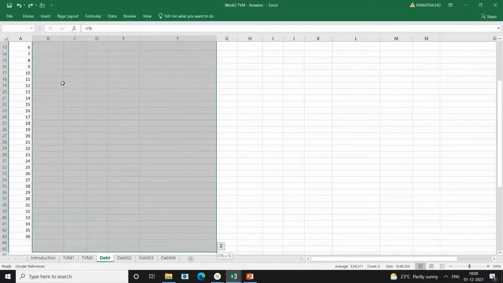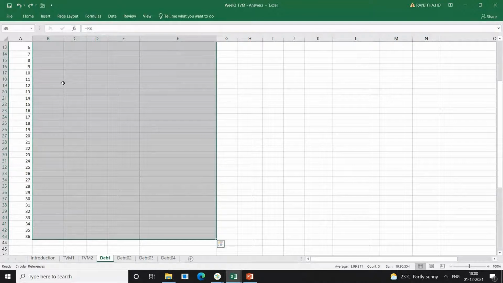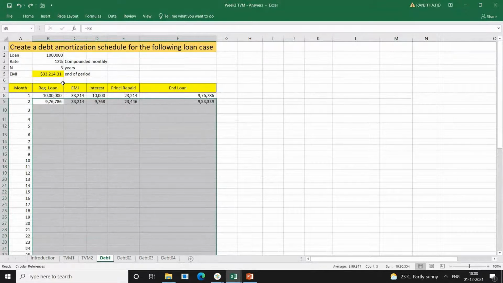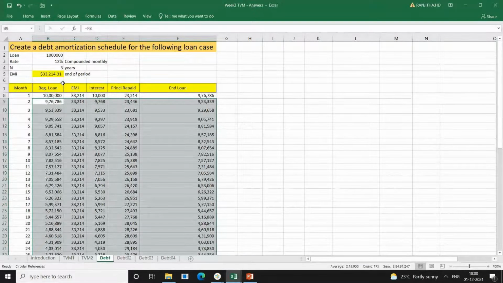Select it. The shortcut you can use is Control D.